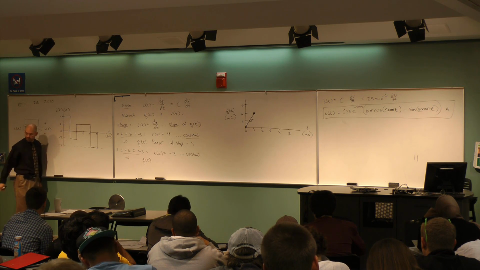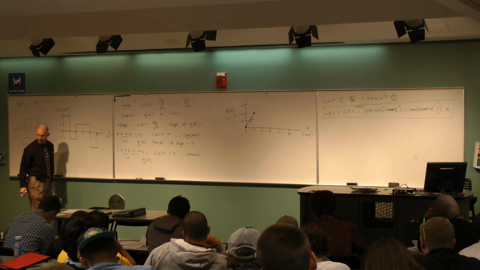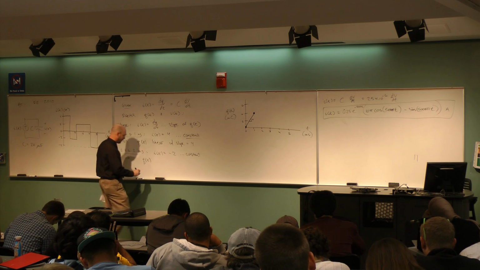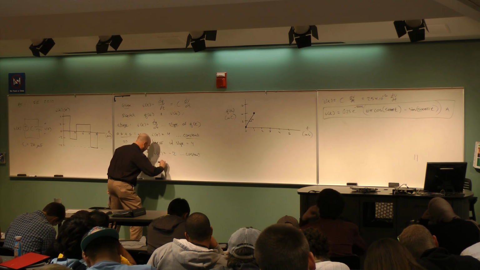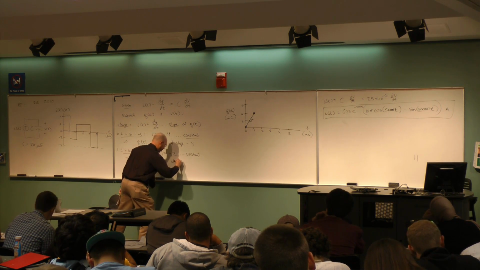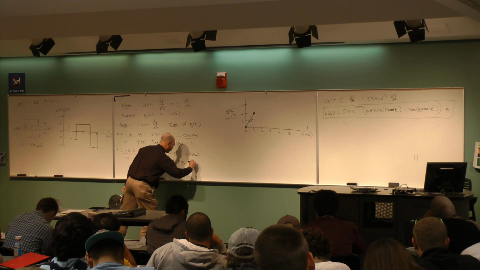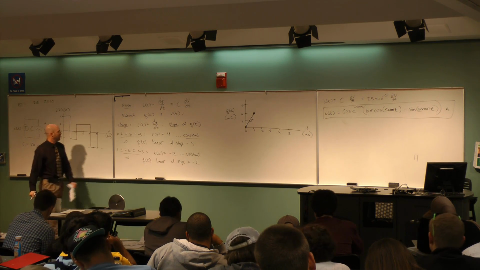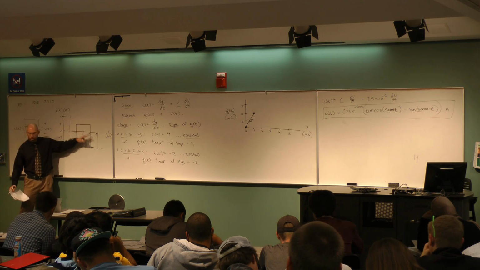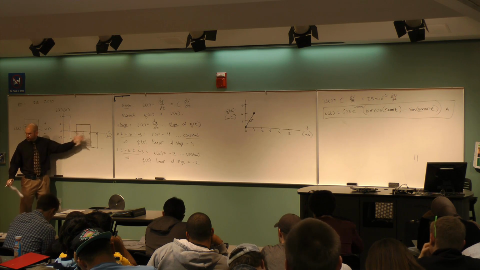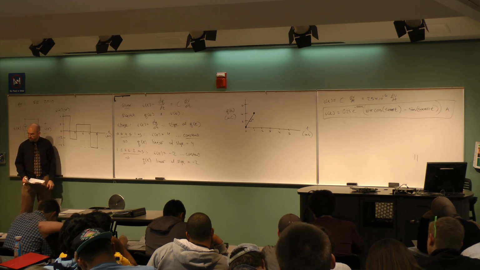I of t is constant, right? Therefore, q of t would be linear, right, with a slope equal to -2. So isn't it true that in every single one of these, it's just going to be linear with the corresponding slope?